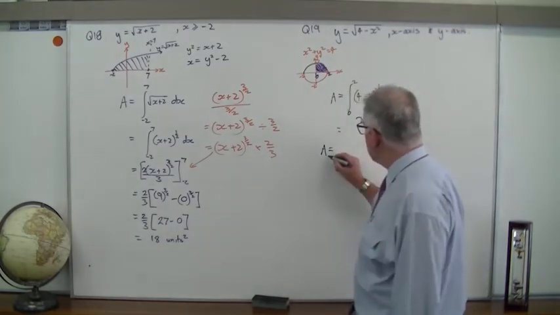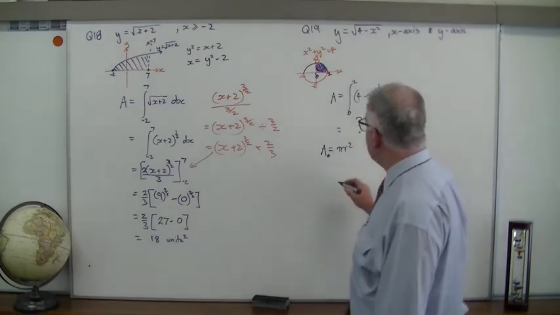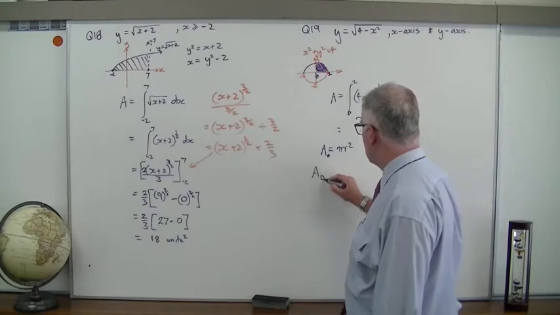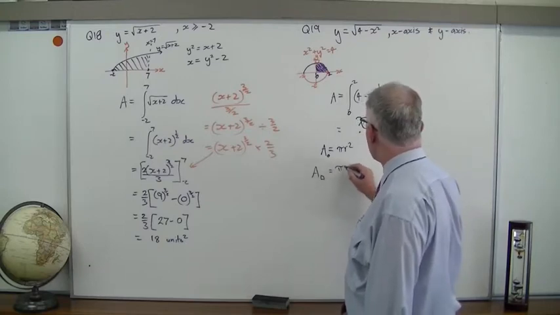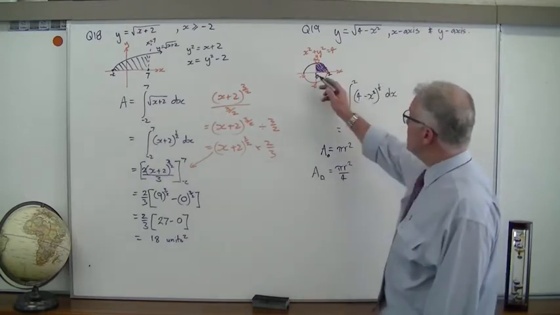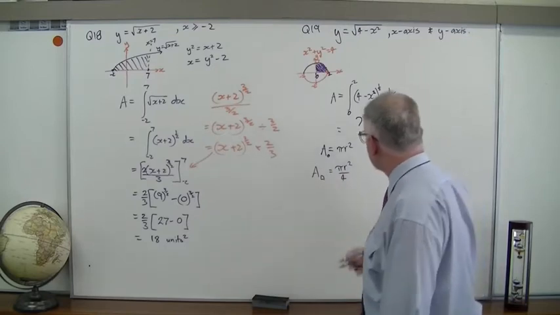And at the moment, the area of a circle we know is pi r squared, and we only want a quarter, so the area of a quadrant is going to be equal to pi r squared on 4, and we know what the radius is too. The radius is 2. No pun intended, I'm not that clever.